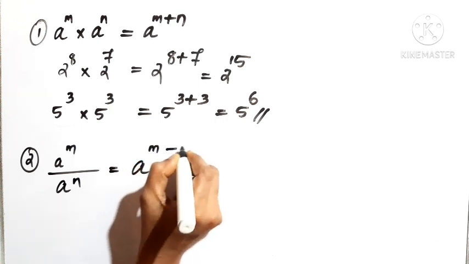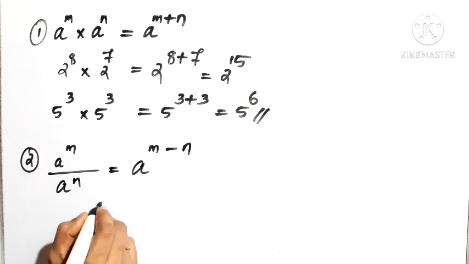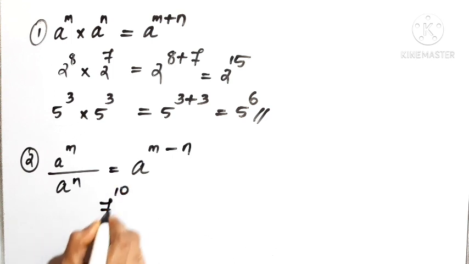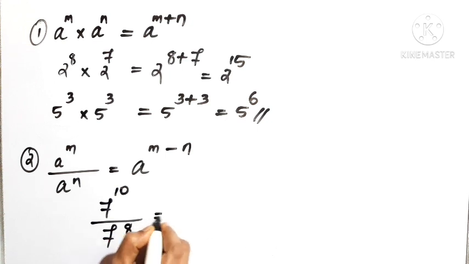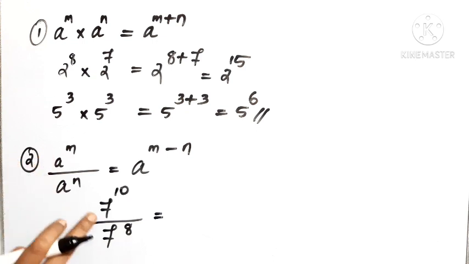Next one, a raised to m divided by a raised to n equals a raised to m minus n. Okay, for example, 7 raised to 10 divided by 7 raised to 8 equals how much children? Here we can see bases are equal, right? Here also we have equal bases.